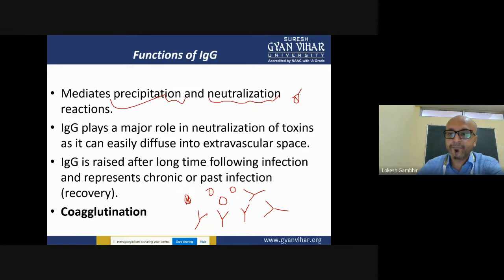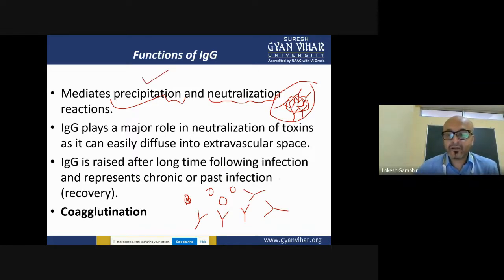What they are doing is immobilizing or precipitating the complete antigen. They have aggregated the soluble antigen, and this complex will be very thick and it will precipitate out. That is called precipitation.